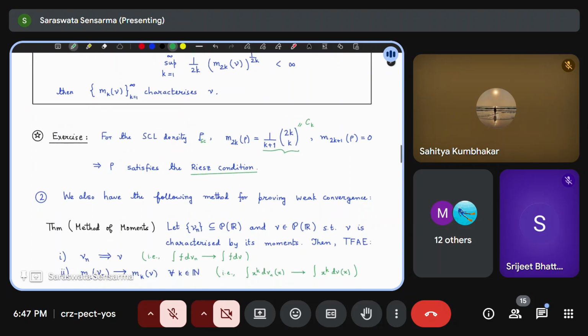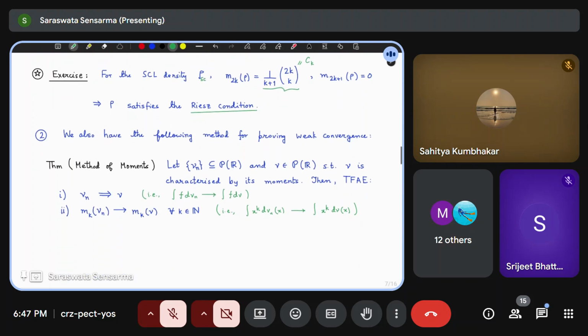And we also have a wonderful method for proving this weak convergence called the method of moments. Most of you are familiar with it. It says that if you have a sequence of measures converging to another measure, and let's say you have a measure nu which is characterized by its moments, then these two notions are equivalent.